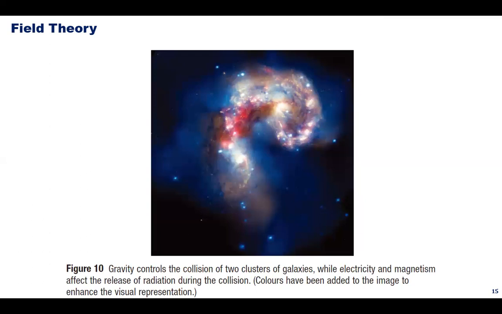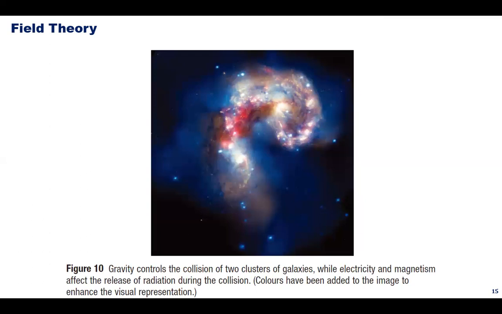Field theory is a scientific model that describes forces in terms of entities called fields that exist at every point in space. The general idea of fields links different kinds of forces once thought of as separate.